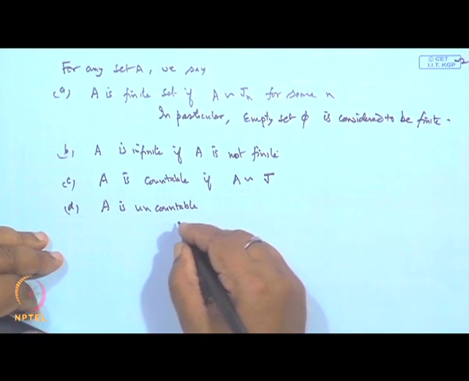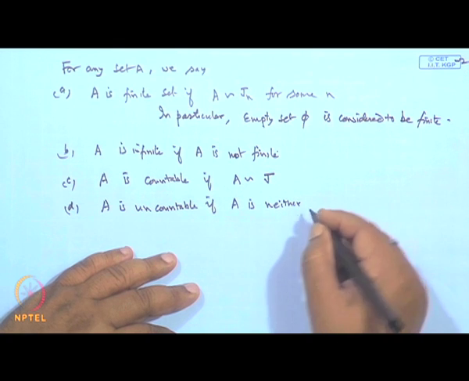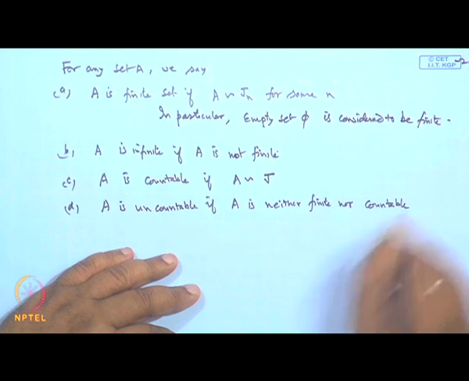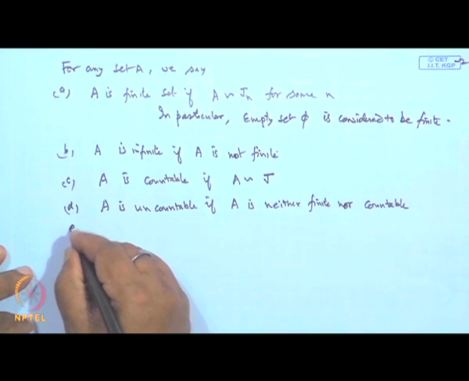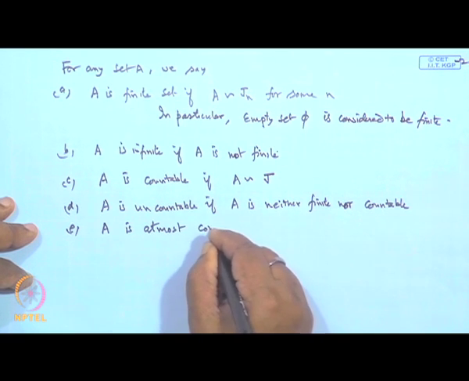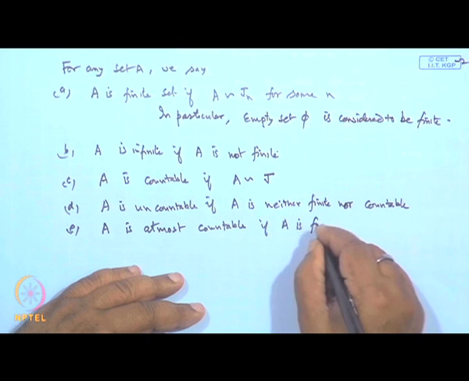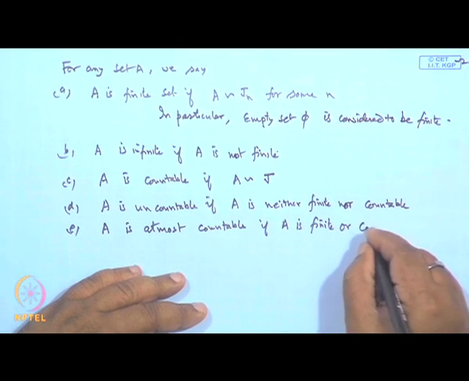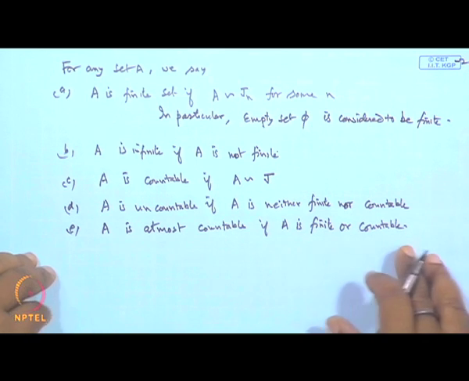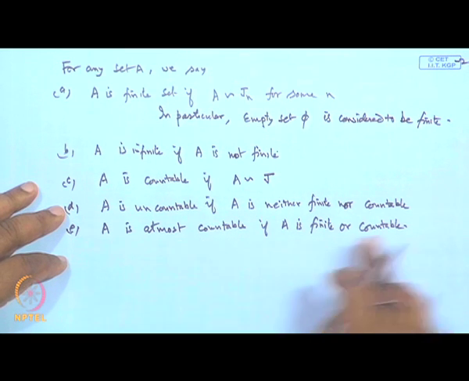D, A is said to be uncountable if A is neither finite nor countable, and E, we say A is at most countable if A is finite or countable. A finite set is also considered countable in this sense, and a countable set itself is countable.